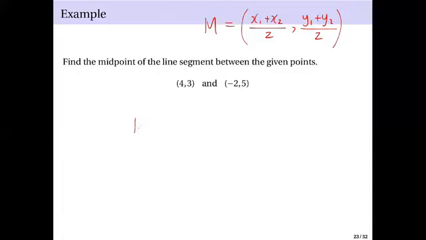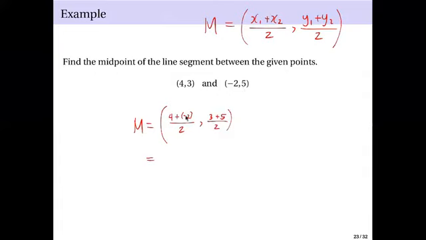Therefore, m in here, using the formula, it's just 4 plus negative 2 divided by 2, comma, here you have 3 plus 5 divided by 2.